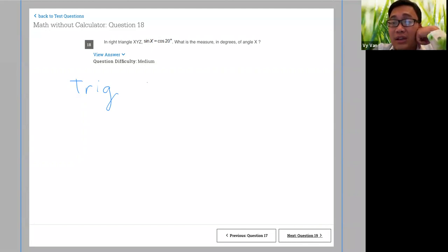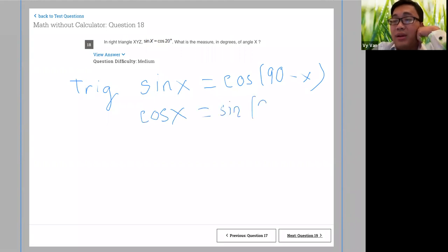If you have sine of x, it will be equal to cosine of its complementary, which is 90 minus x. In the exact same fashion, cosine of x equals sine of its complementary.